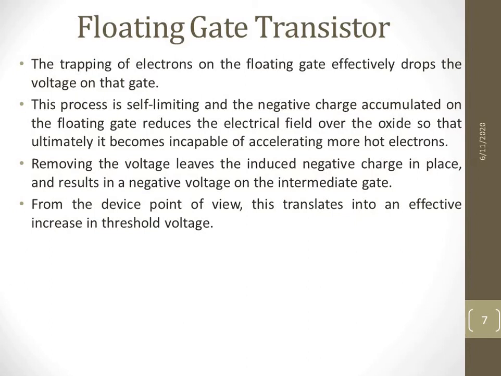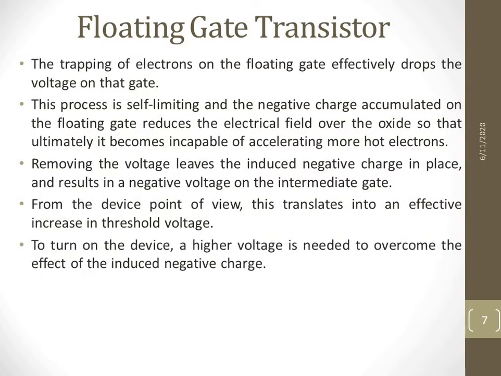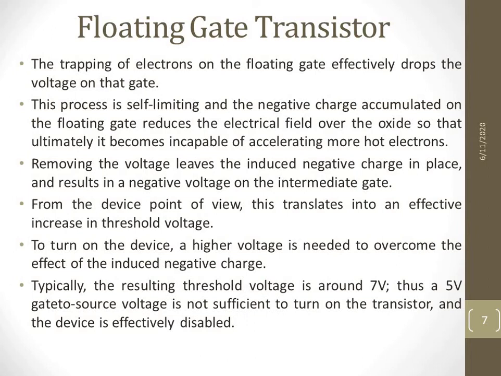From the device point of view, this translates into an effective increase in threshold voltage. To turn on the device, a higher voltage is needed to overcome the effect of the induced negative charge. Typically, the resulting threshold voltage is around 7 volts.